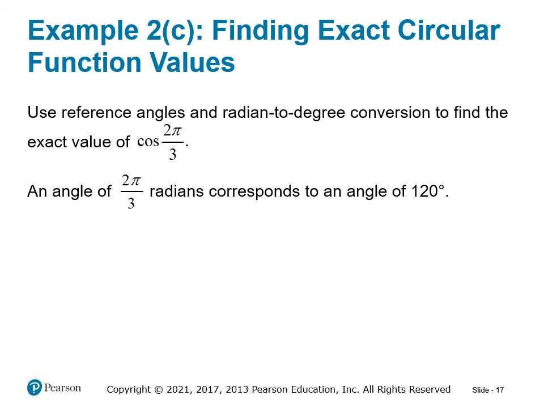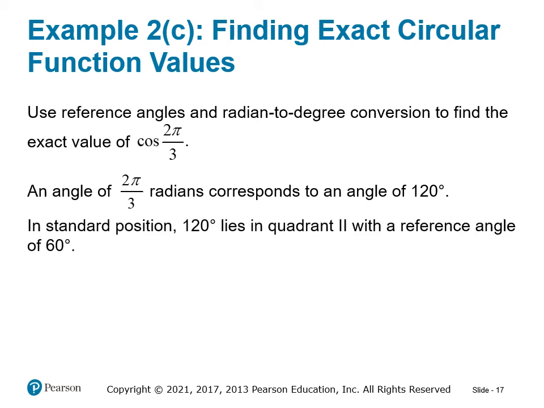So this corresponds to an angle of 120 degrees, 2/3 of 180. In standard position, 120 degrees lies in quadrant 2 with a reference angle of 60. Remember, we always measure reference angles from the x-axis up or down to the angle given.